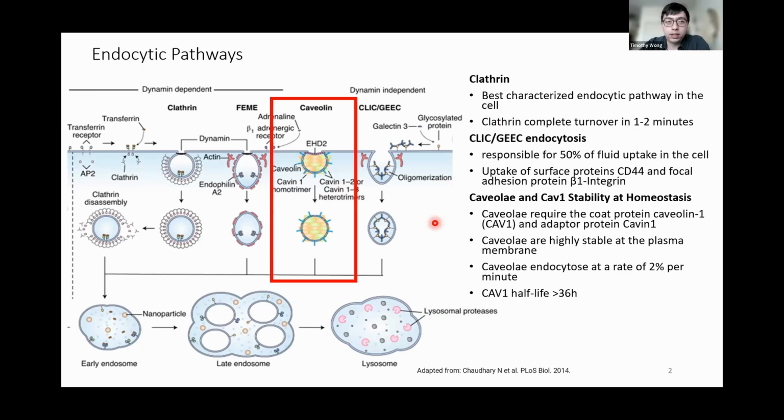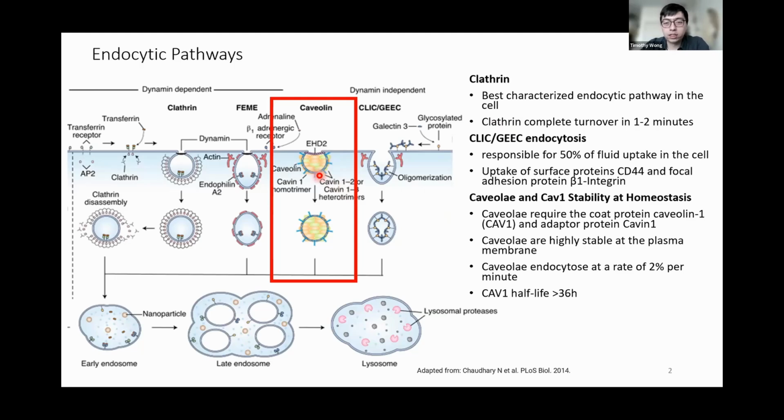While caveolae really is one of the endocytic pathways, it's really different from the others. Caveolae requires the protein CAV1, which I'll talk a lot about today. It also requires the adaptor protein CAVIN1 to form these caveolae.